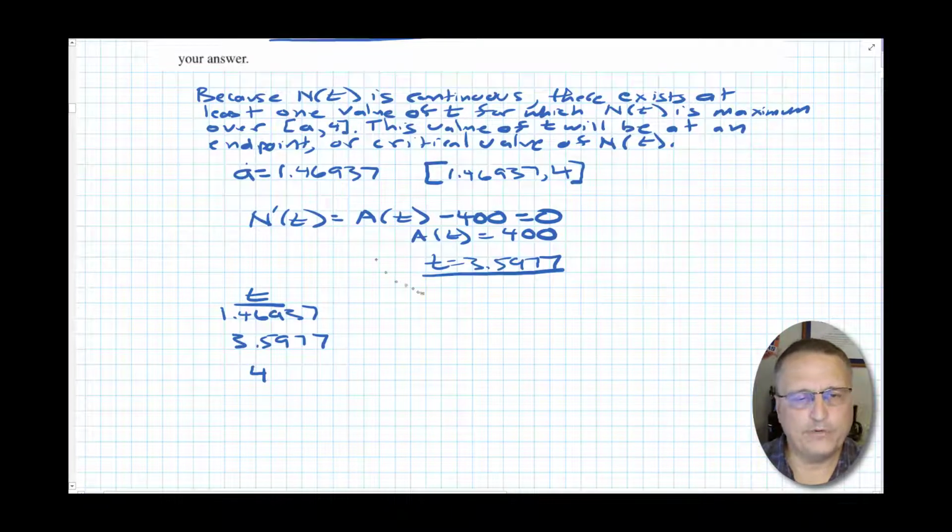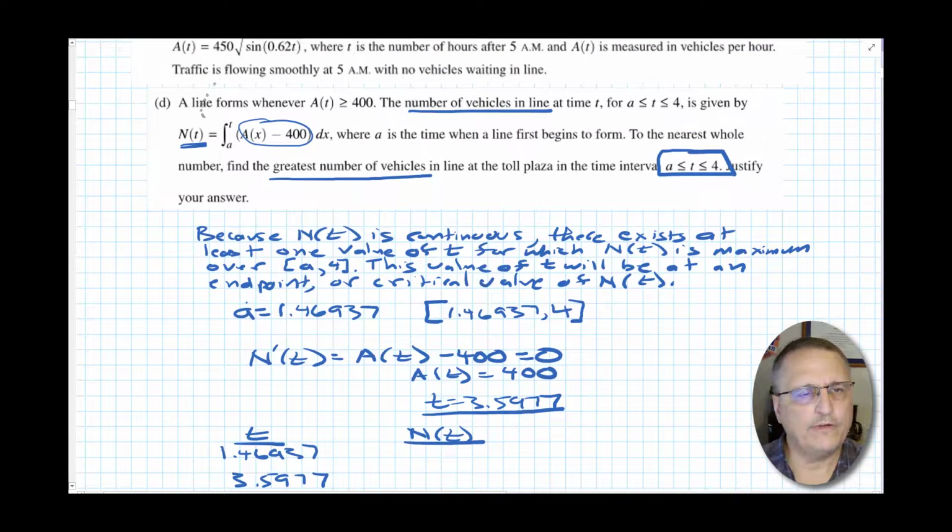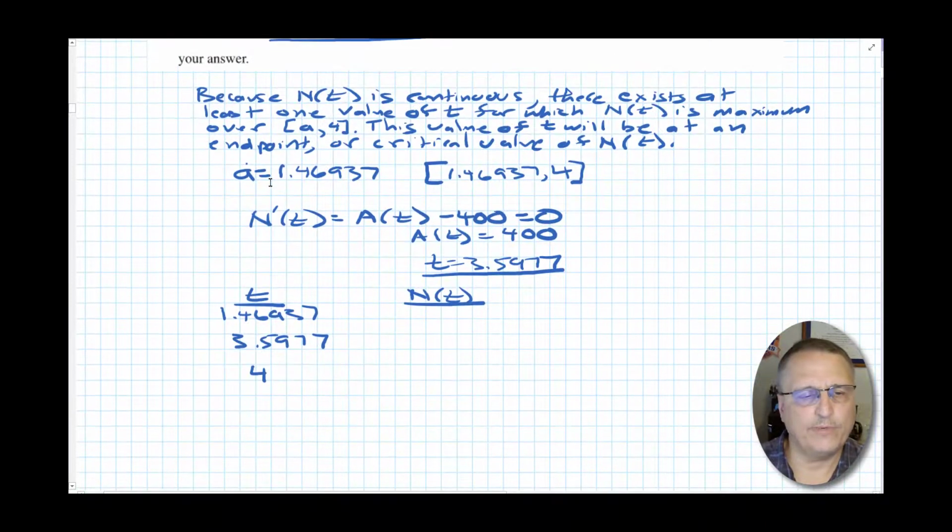So now what we're going to do is evaluate n of t at each of these candidates. And remember what the function is. Here is n of t. It's the integral from a to t. Well, a we've already established is 1.46937.